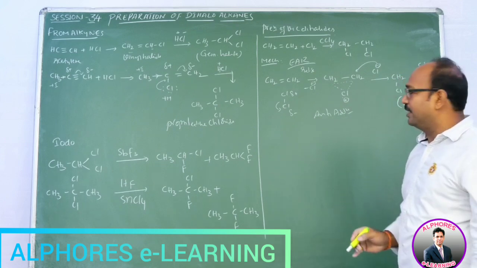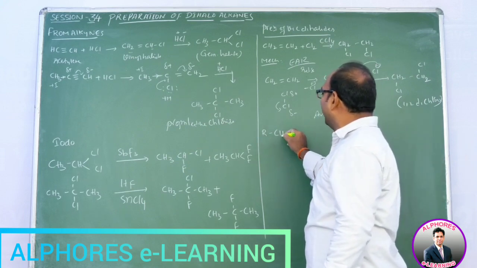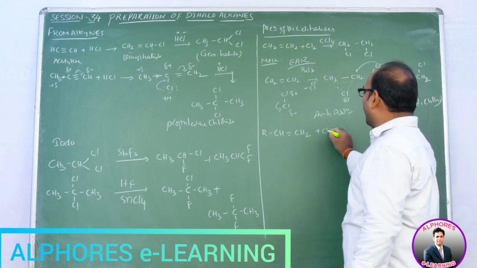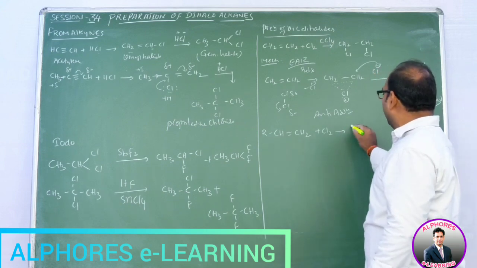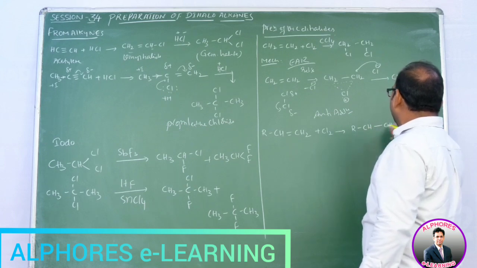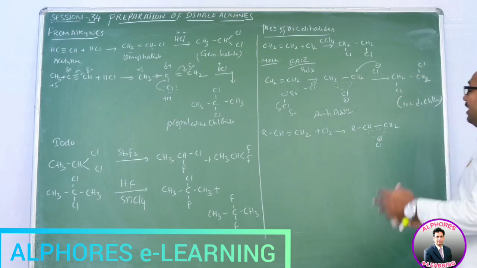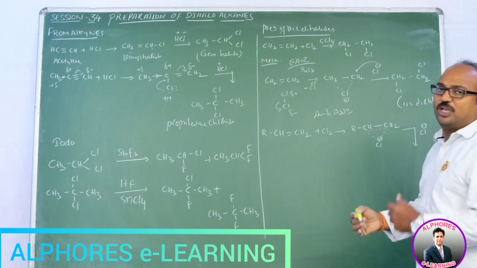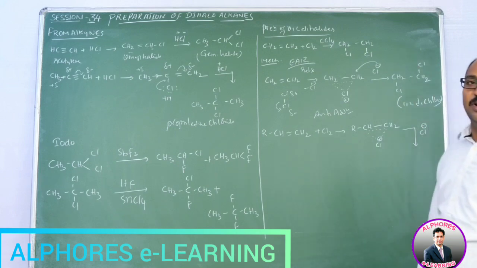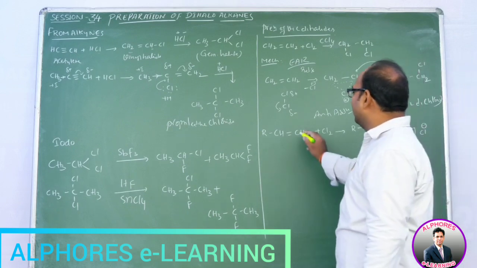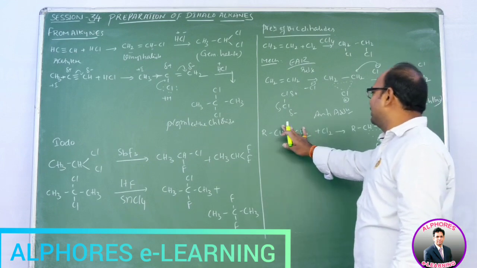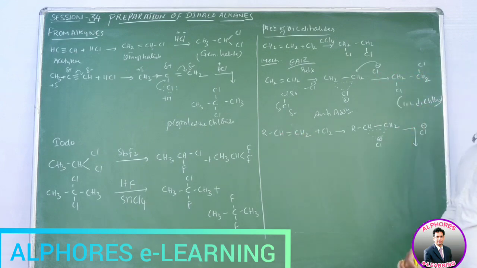Now I am going to consider one unsymmetrical alkene, RCH=CH2, to which we are going to add Cl2. Obviously we are getting a cyclic three-membered halonium ion complex. After formation of this transition state, one more Cl minus has to approach from the rear side.